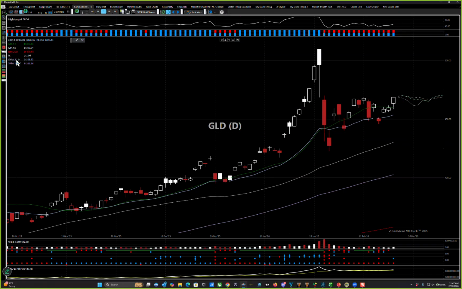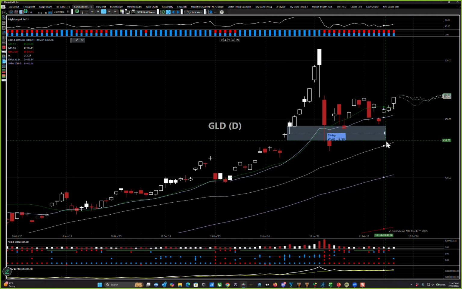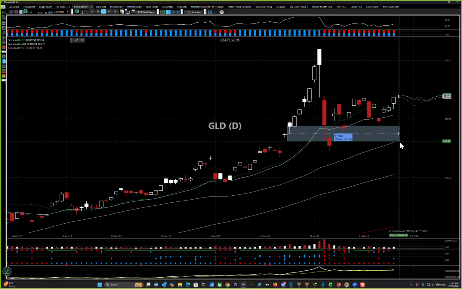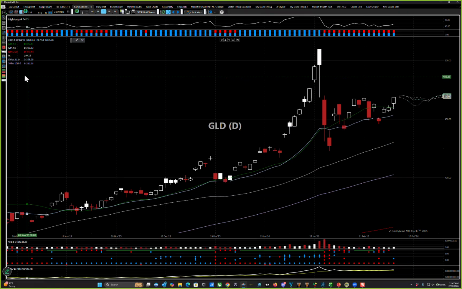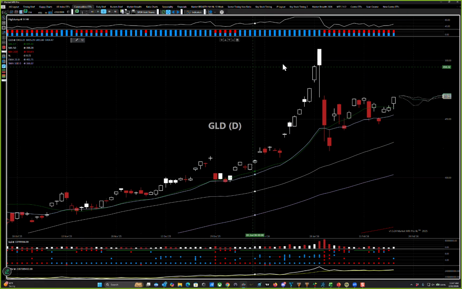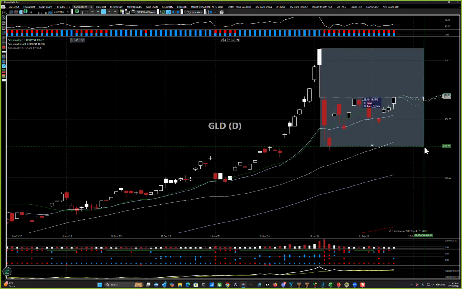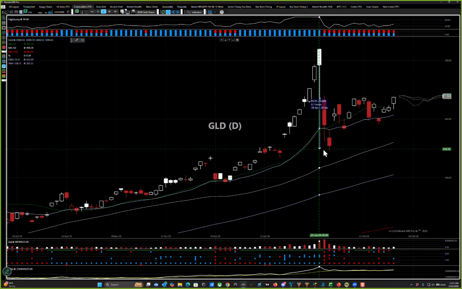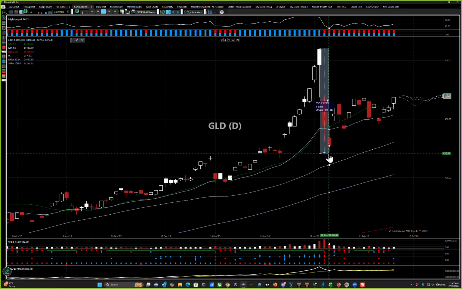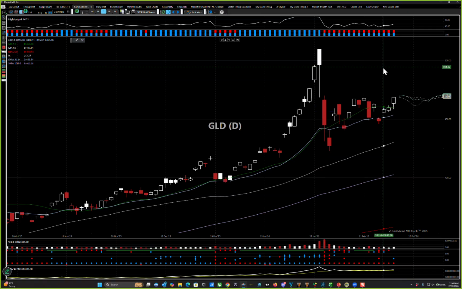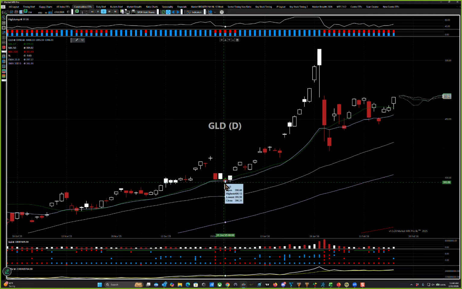Again, I don't ever use it, but if I wanted to measure from here to here, it's how many days. I do use this tool here, which combines the two. I touch where I want to start, take my finger off the mouse, and then click where I want to finish. So there you had 3 days and a 21% drop in gold. Those are new tools. Again, I haven't used it yet.